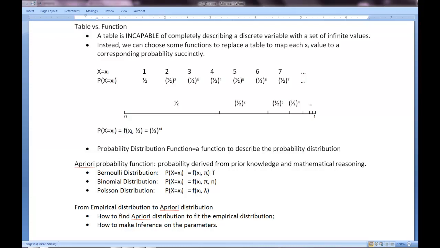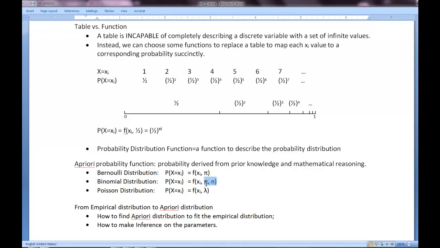And again, if you relate it to the coin toss example, the constant is about whether or not the coin is biased or fair. If it's a fair coin, then the pi is simply equal to 50%. And you can imagine it could take on any value between 0 and 1.